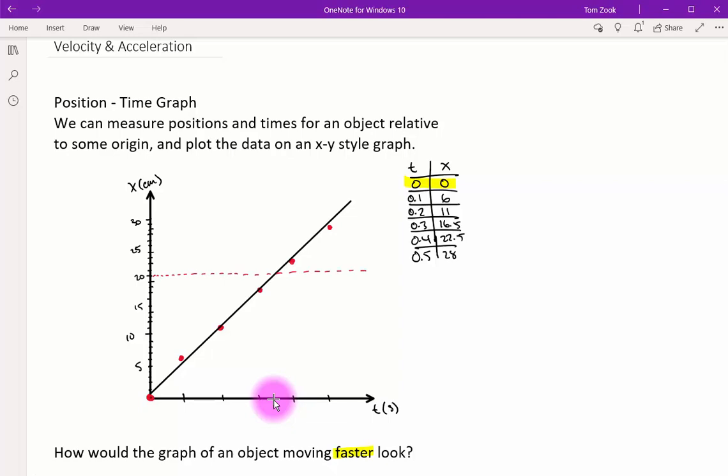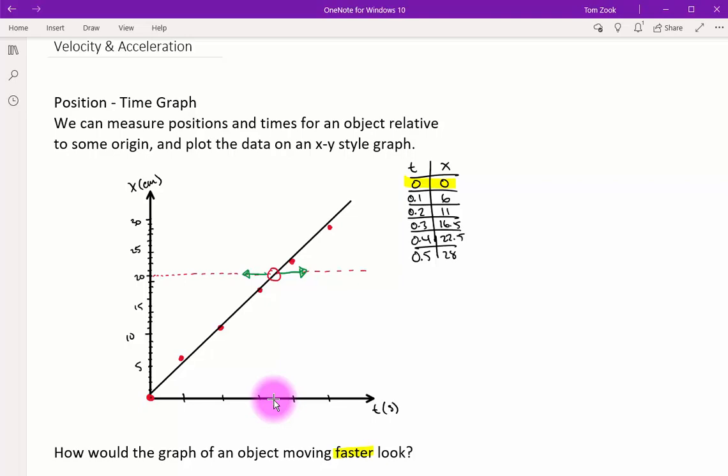So here's my question now. If an object were moving faster, which way would the time go? Would it take more time or less time for a faster object to get to 20 centimeters? Consider that.